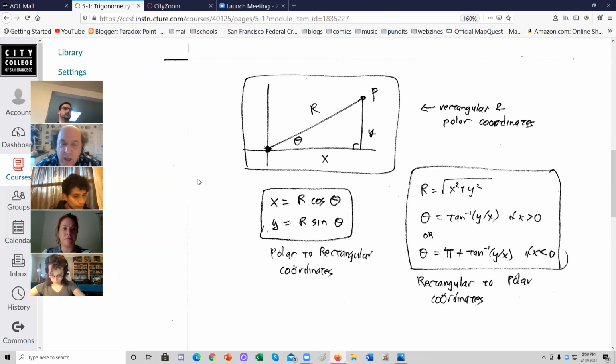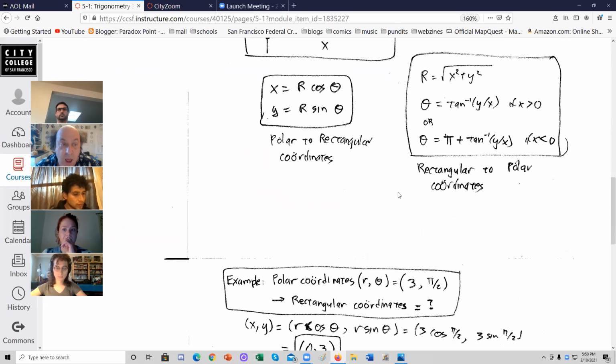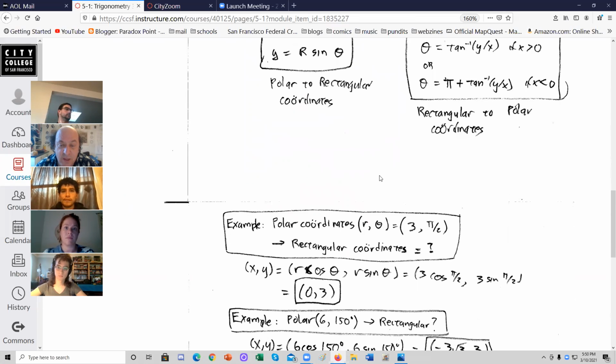But if it's in the second or third quadrants, then you have to add pi plus arctangent y over x to add a 180-degree turn. So this goes from rectangular to polar. I think in some of your hand calculators, there may be an app that says P to R and R to P, which does exactly this. You may want to investigate that.